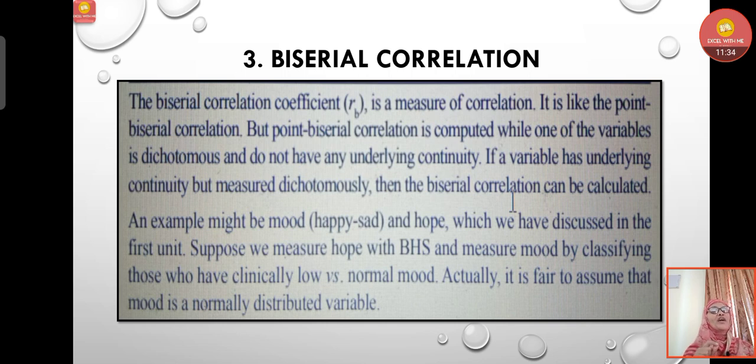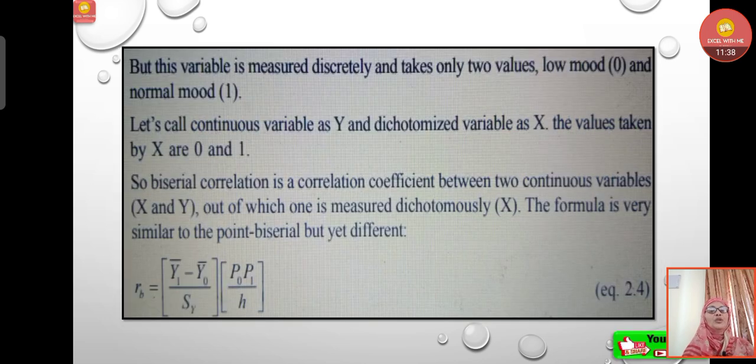Actually, it is fair to assume that mood is a normally distributed variable. But this variable is measured discretely and takes only two values, low mood, that is 0, and normal mood, that is 1. Let's call the continuous variable y and the dichotomized variable x.